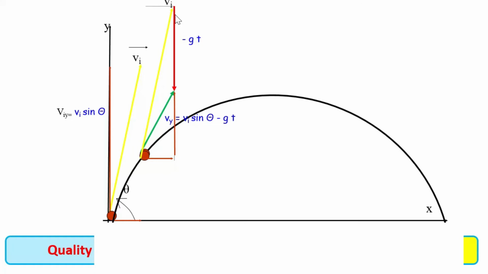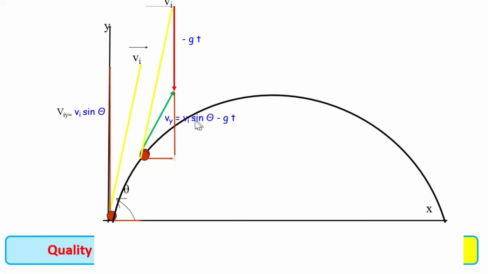As the time increases, the value of the red vector increases, and the change becomes more and more. As the ball moves forward, the direction of the green vector becomes down and down because of the increase of the red vector. This is the amount of value which is changed in the final velocity.